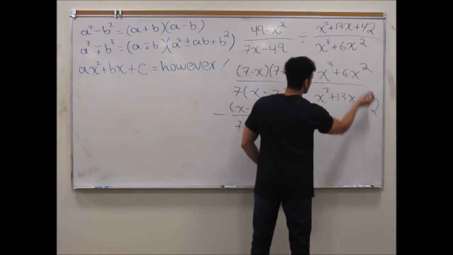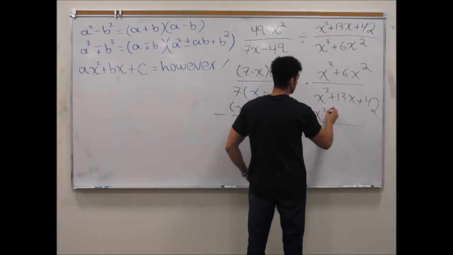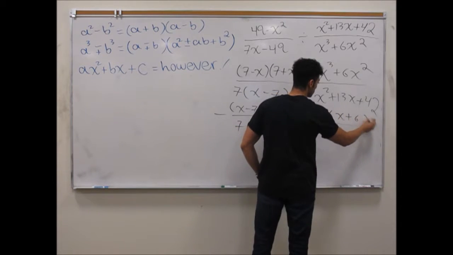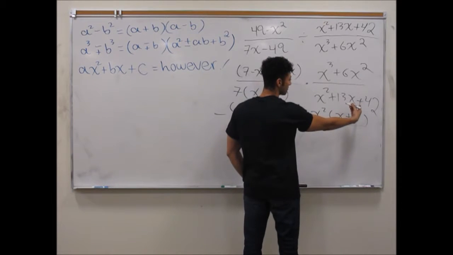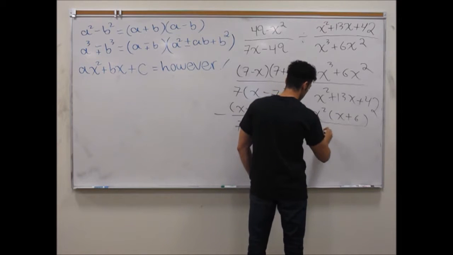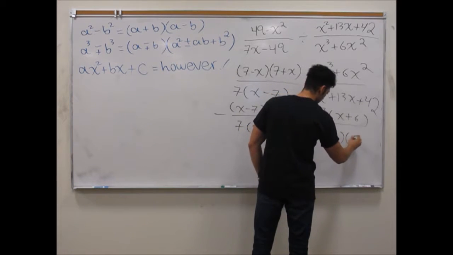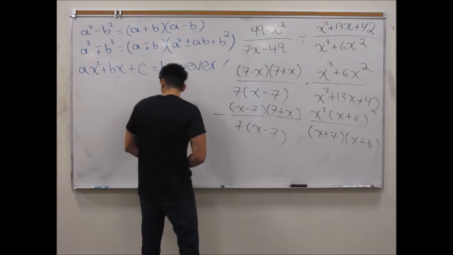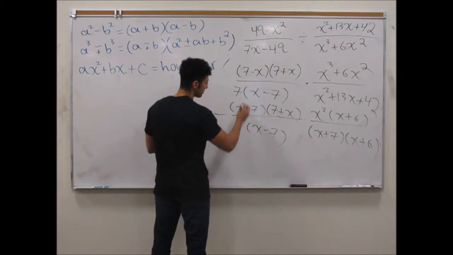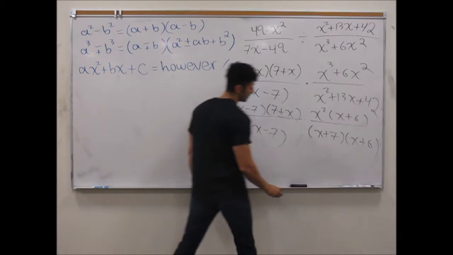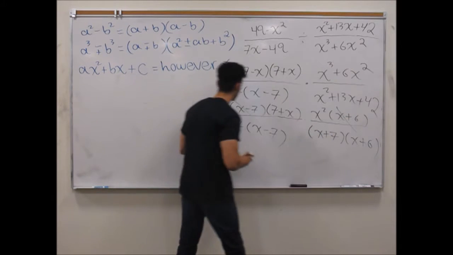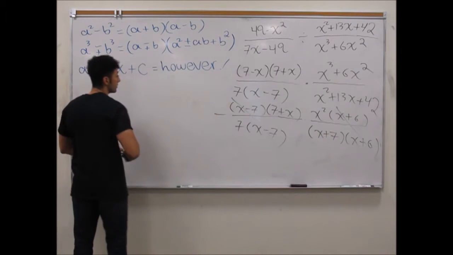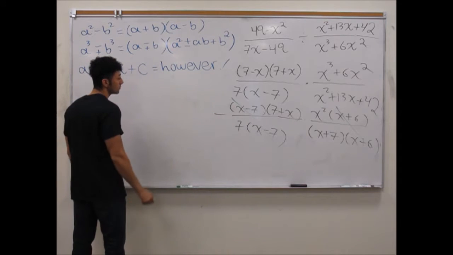Alright. Here we can factor out an x squared. And this is like 6 and 7. Alright. So let's see what cancels. These x minus 7's cancel, like we said. And these x plus 6's cancel. So on top we get x squared.